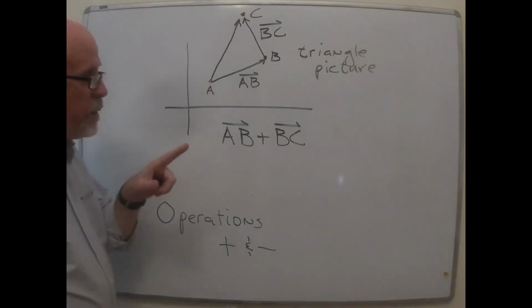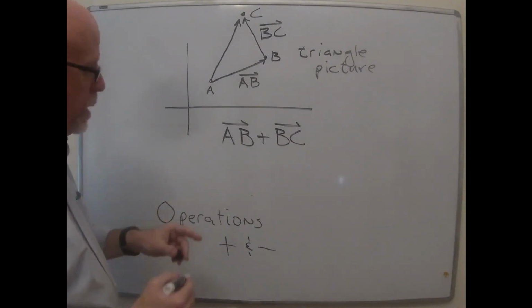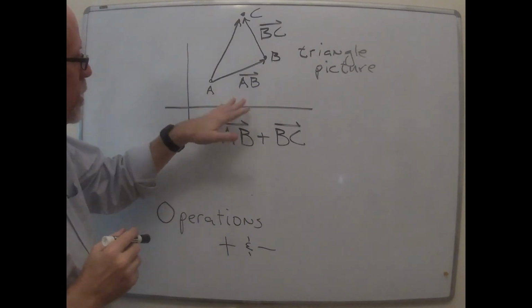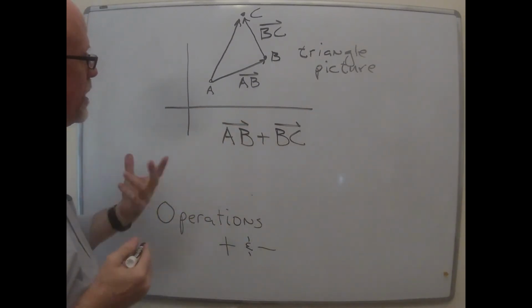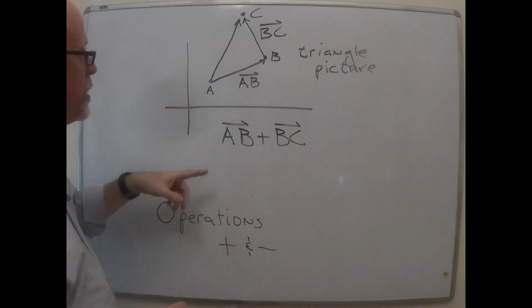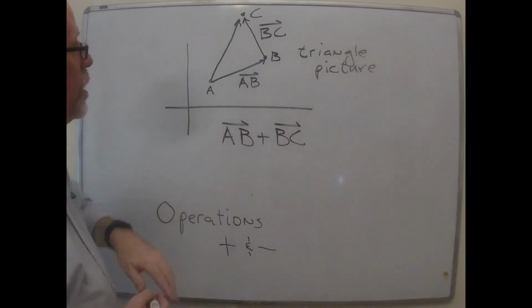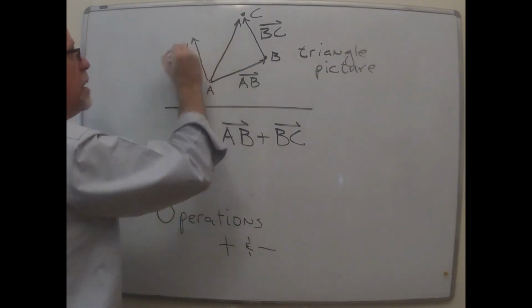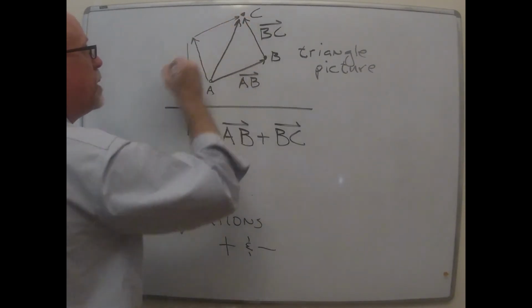But you'll more often hear people talk about the parallelogram rule for vector addition. And that sounds weird in terms of the initial points and the terminal points that I mentioned here, but if you just think about it as sets of directions, we had a way to go from A to B and a way to go from B to C. Well, what if you did the way to go from B to C first and followed it up secondly with the way to go from A to B?